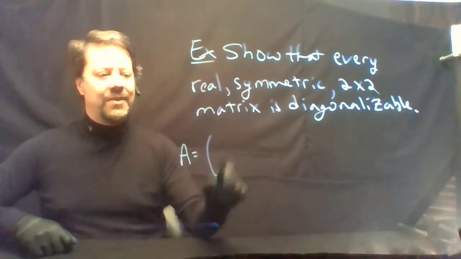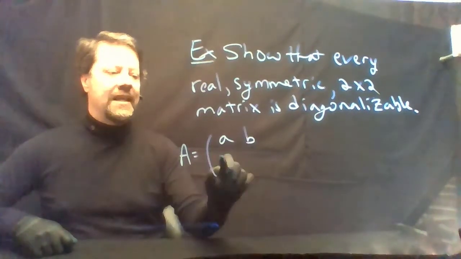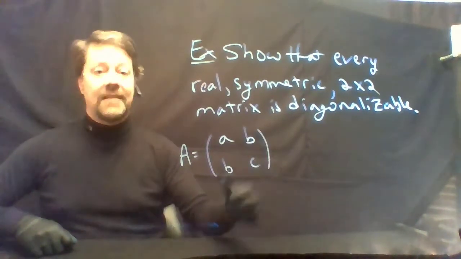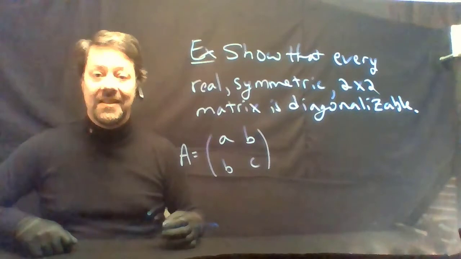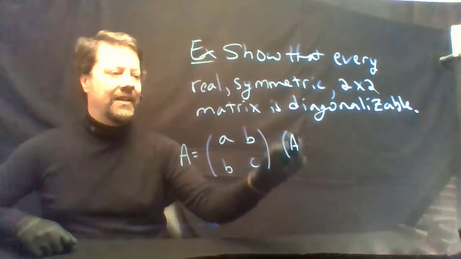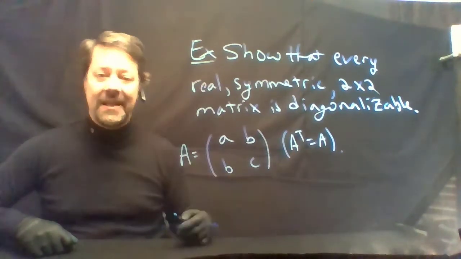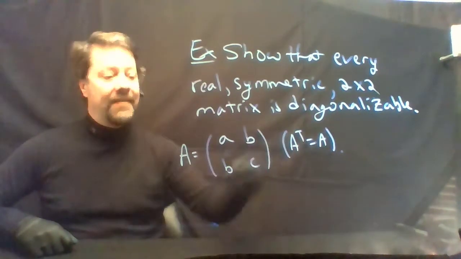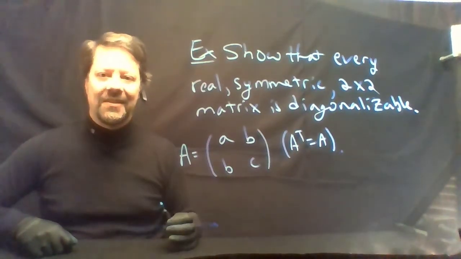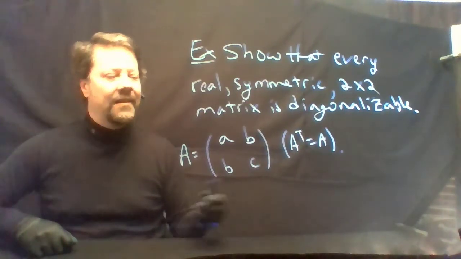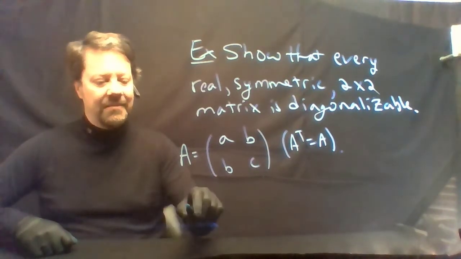To that end, suppose A has the form A, B, B, C. It is symmetric because A transpose equals A. We'll assume that A, B, and C are all real numbers, and this is 2 by 2. Real symmetric 2 by 2 matrix. Let's see what we can find out.